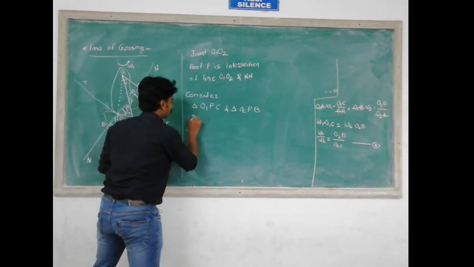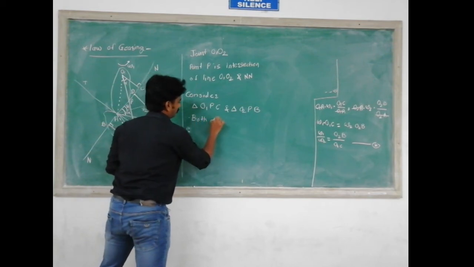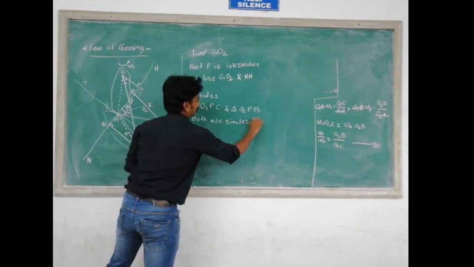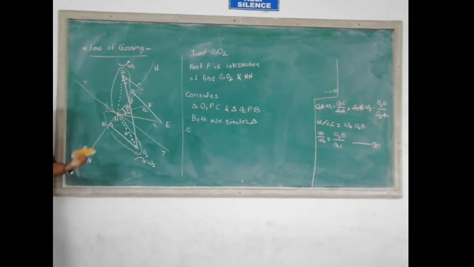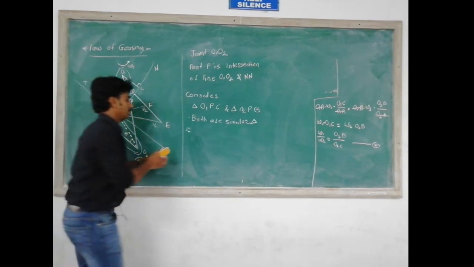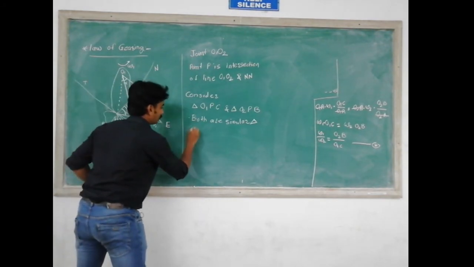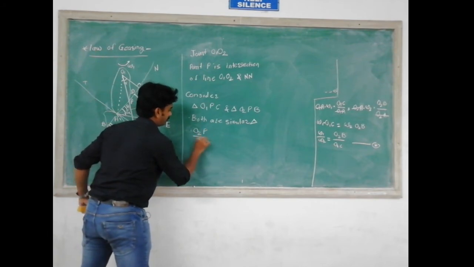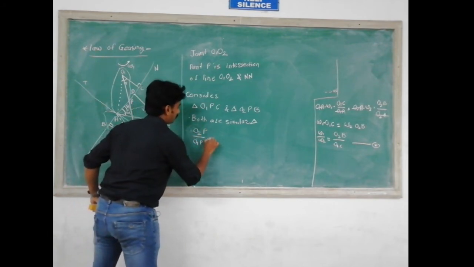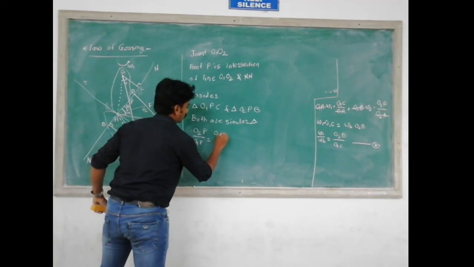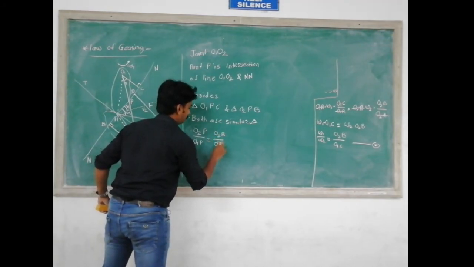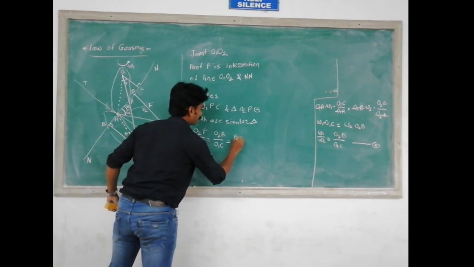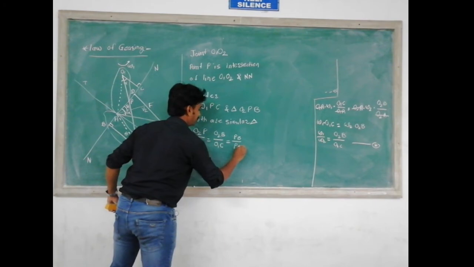Both triangles are similar, and if we apply the property of similar triangles, then we will get O2P divided by O1P is equal to O2B divided by O1C is equal to PB divided by PC.